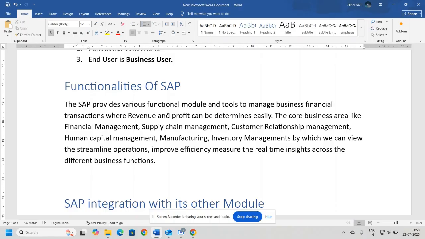And in the manufacturing, as I have discussed, now the manufacturing, what activities are going on in the manufacturing unit.